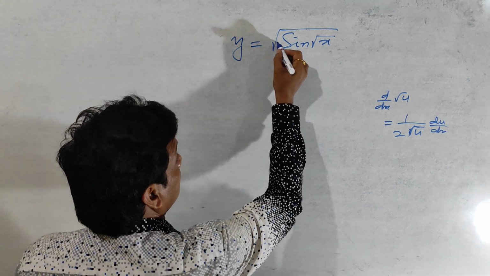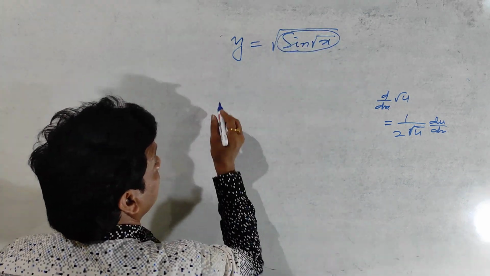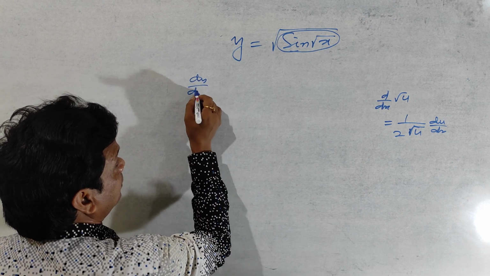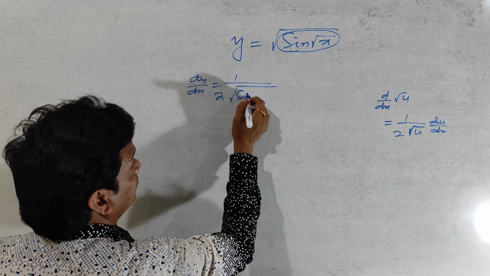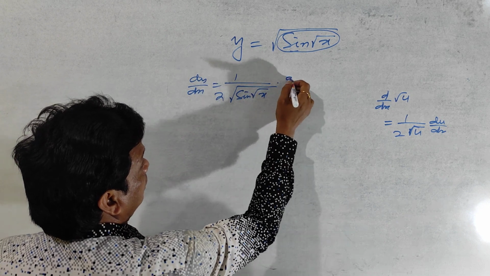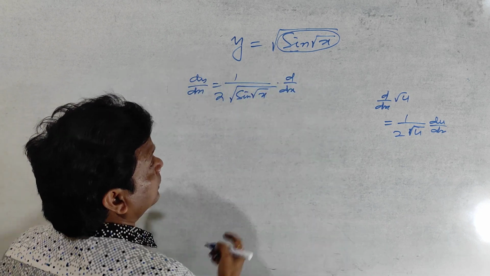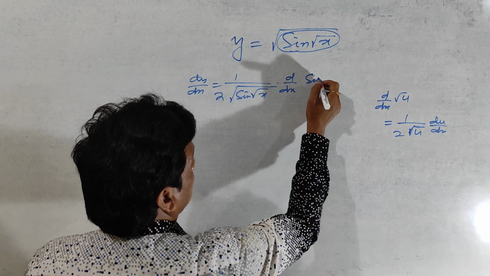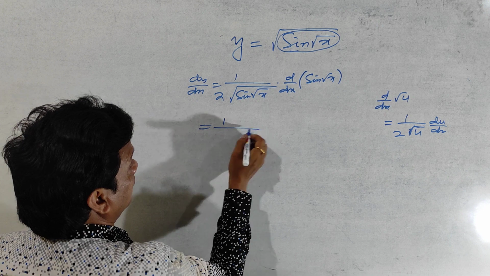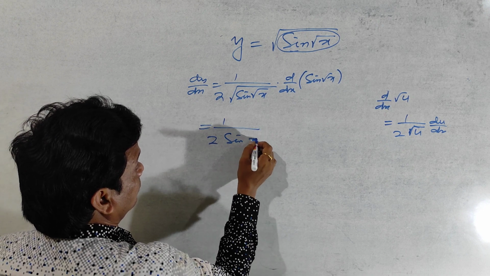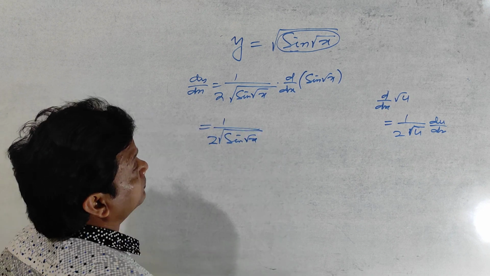So here, first of all it is u. So tell me, dy by dx is equal to 1 by 2 root over of u, sin root x, into the derivative of u. And what is u? Sin of root x. And it will be 1 by 2 root over of this one.